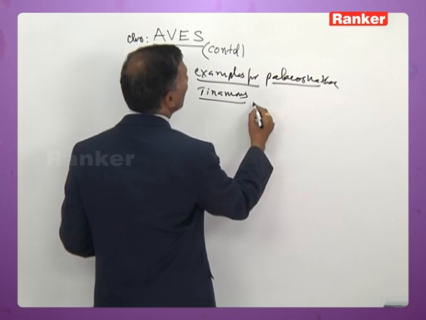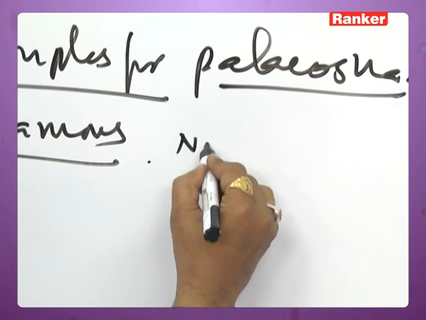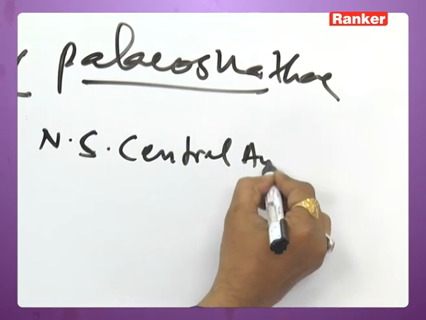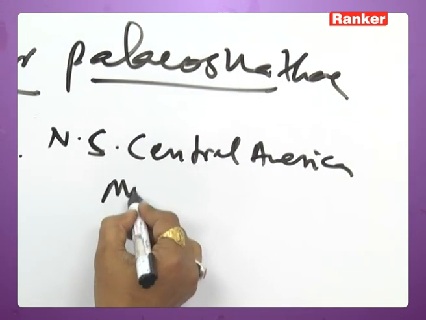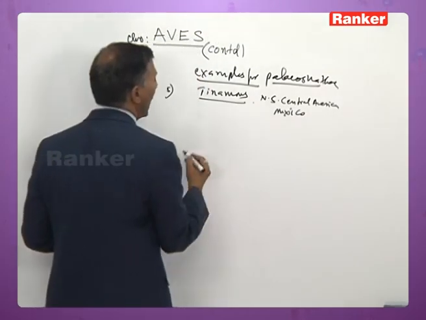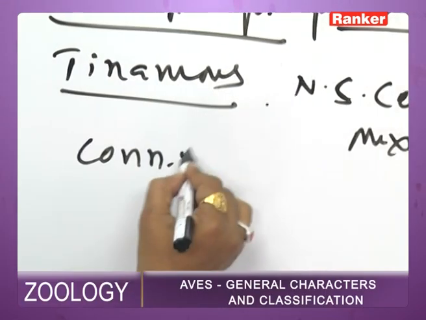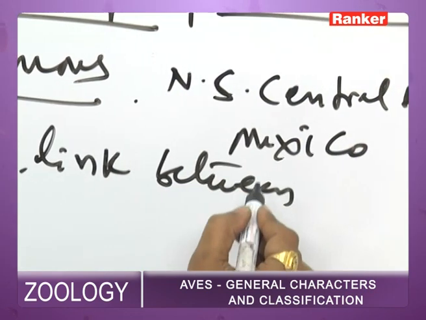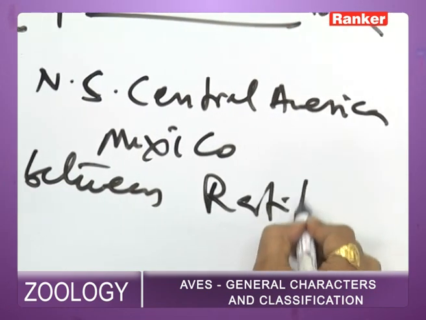Tinamous is found in North, South, Central America and Mexico, and it is a connecting link between ratite and carinata.